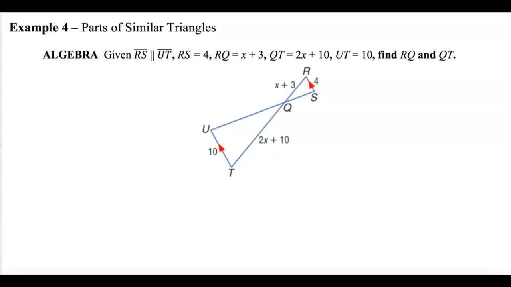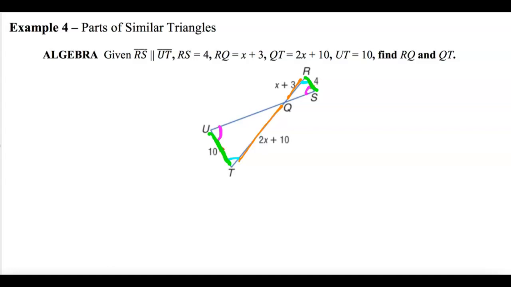Okay, so we're going to be using parts of similar triangles then to solve problems. Okay, well, I've drawn in some things that we can infer because of the fact that we have the parallel lines going on here. So the magenta and this turquoise color, those are alternate interior angles, those would be congruent. The green side and the green side in the other triangle will be similar sides, and then the orange side and the orange side will also go together.